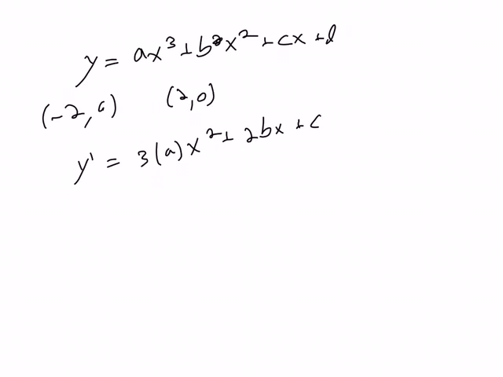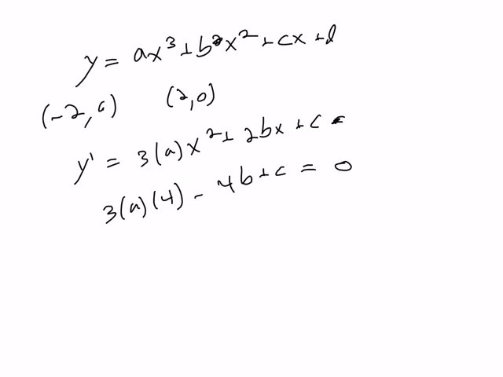For negative 2, we want 3a times 4 plus 2b times negative 2, so this is going to be minus 4b, plus c. This is going to be equal to 0.